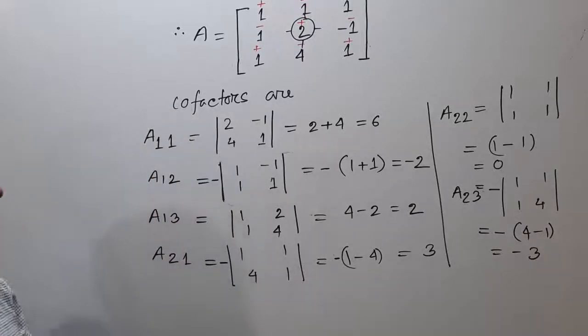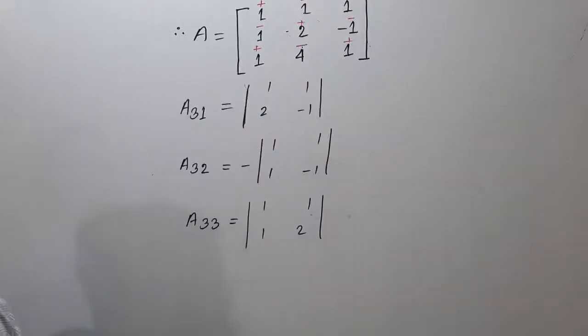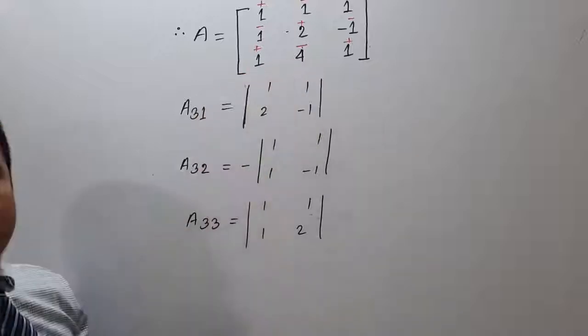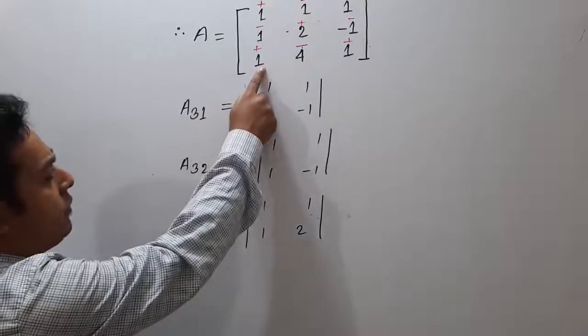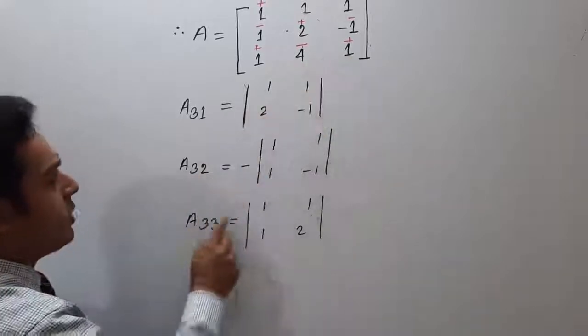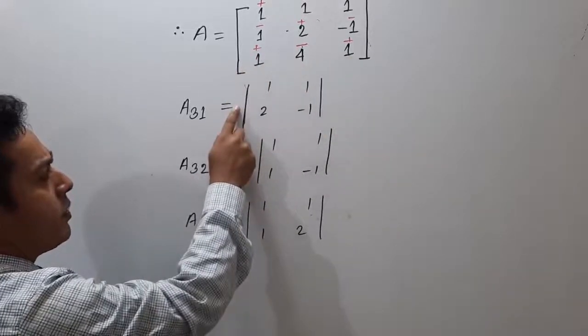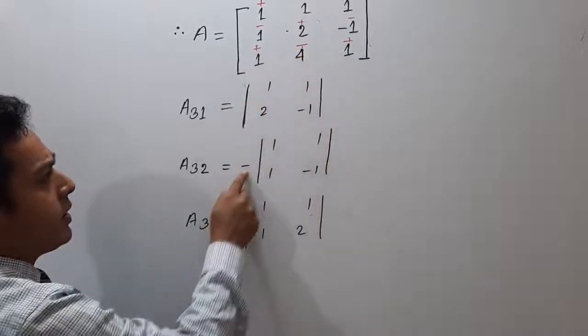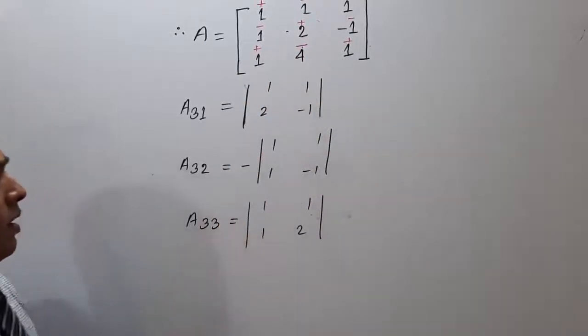Now similarly for the third row, A31, A32, and A33. For the first the sign is positive, for the second the sign is negative, for the third the sign is positive.